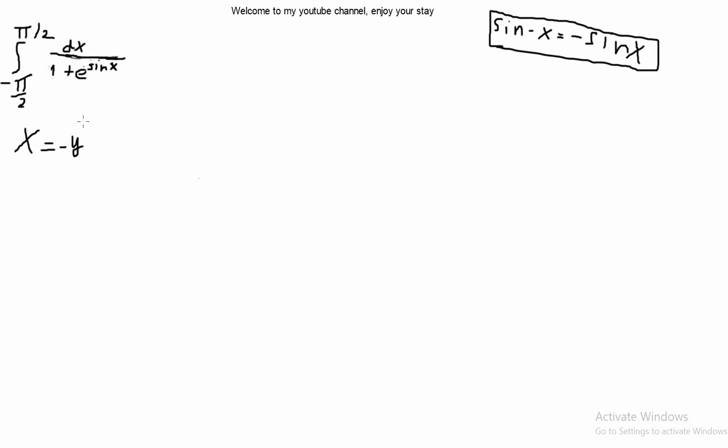When we do the substitution, of course, dx equals minus dy. This integral equals, when we plug in minus pi over 2, the minus and minus cancel out, so we get pi over 2.